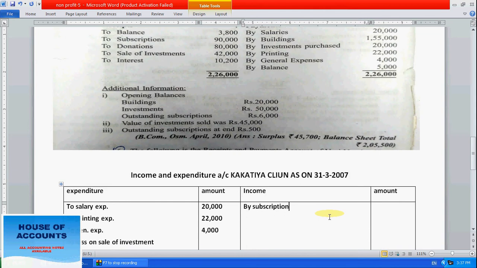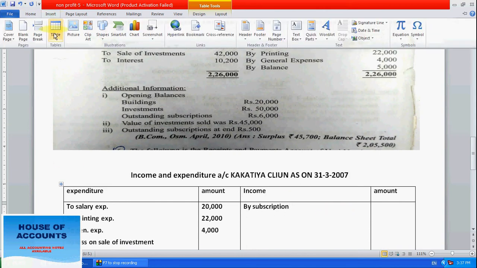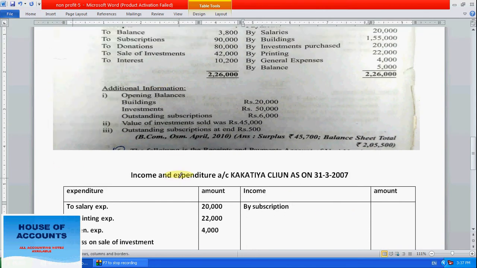Let's draw a detail column also. So right here, 90,000 subscription.